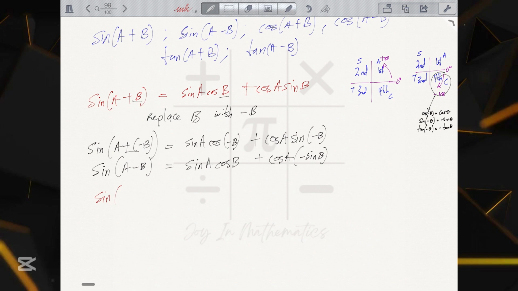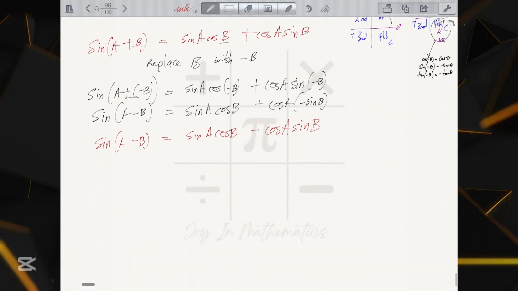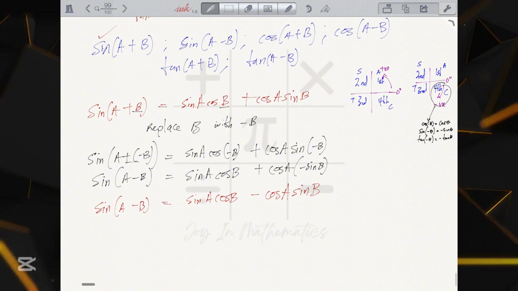So sine A minus B is equal to sine A cos B minus cos A sine B, because of this negative. So we have simplified sine A plus B and also sine A minus B, and these are the expressions.